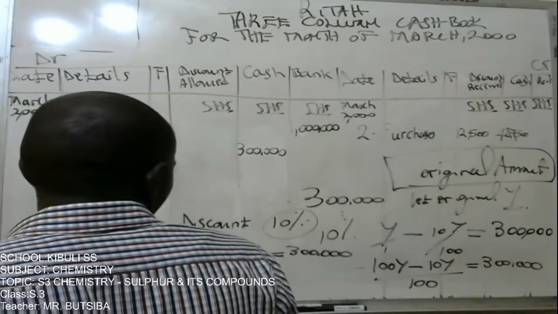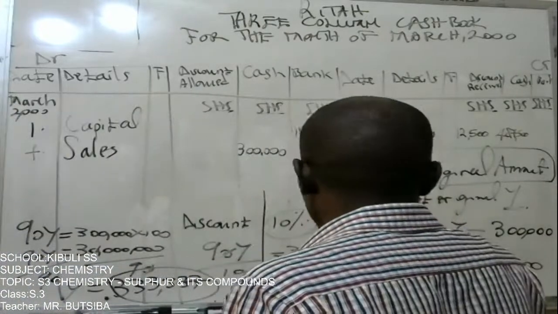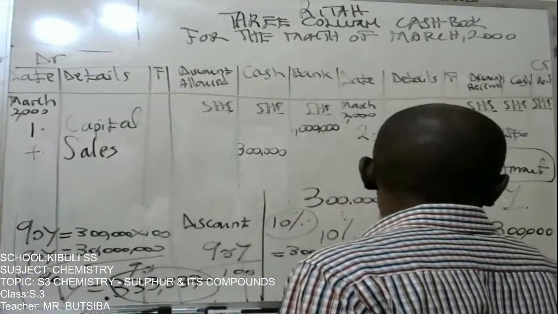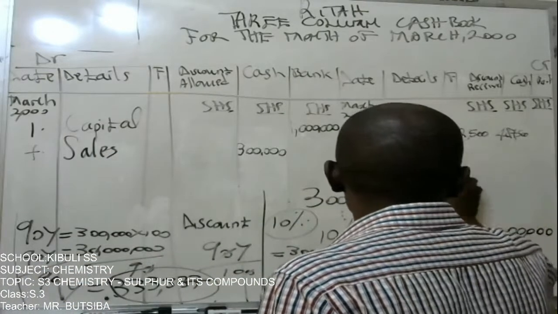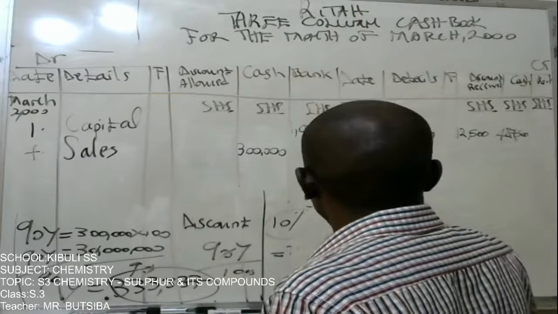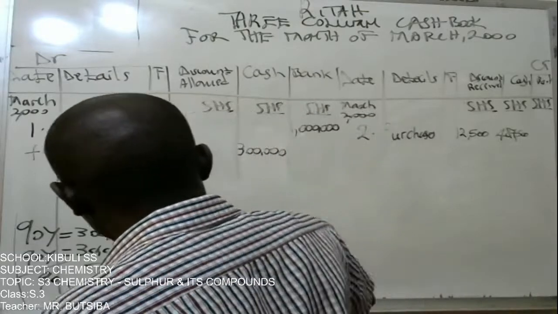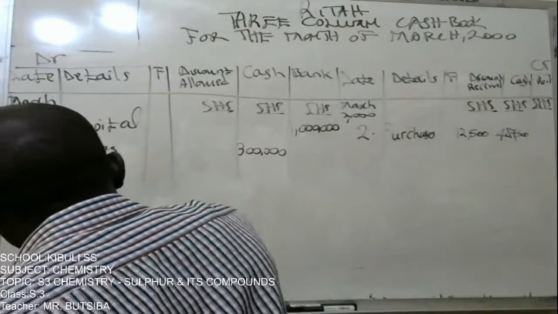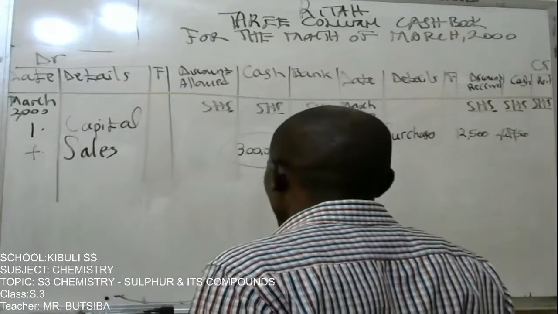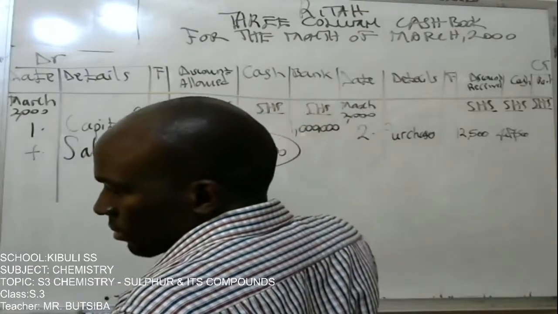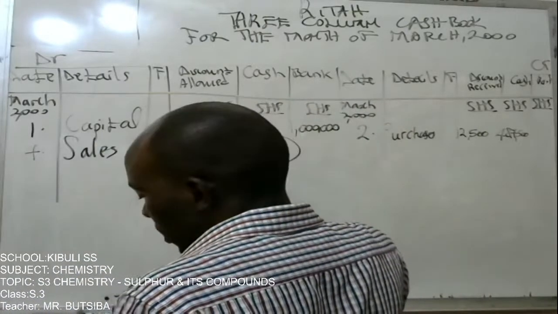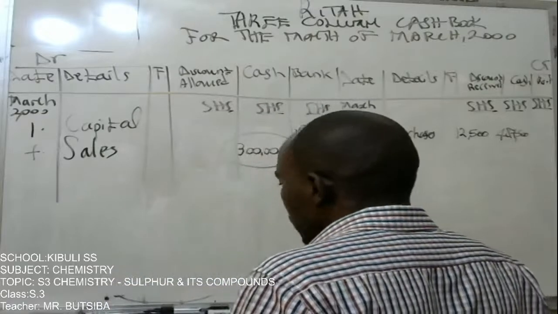We must have complained because we moved from this side to this side because of the space. So for the benefit even of others, we can repeat it again. We received 300,000, but they're saying we received this amount after giving this person a discount of 10%.